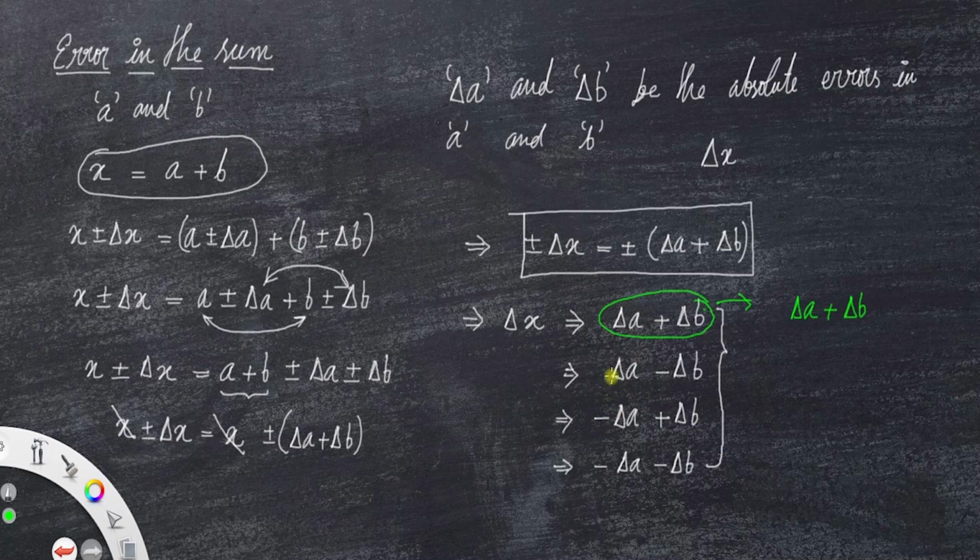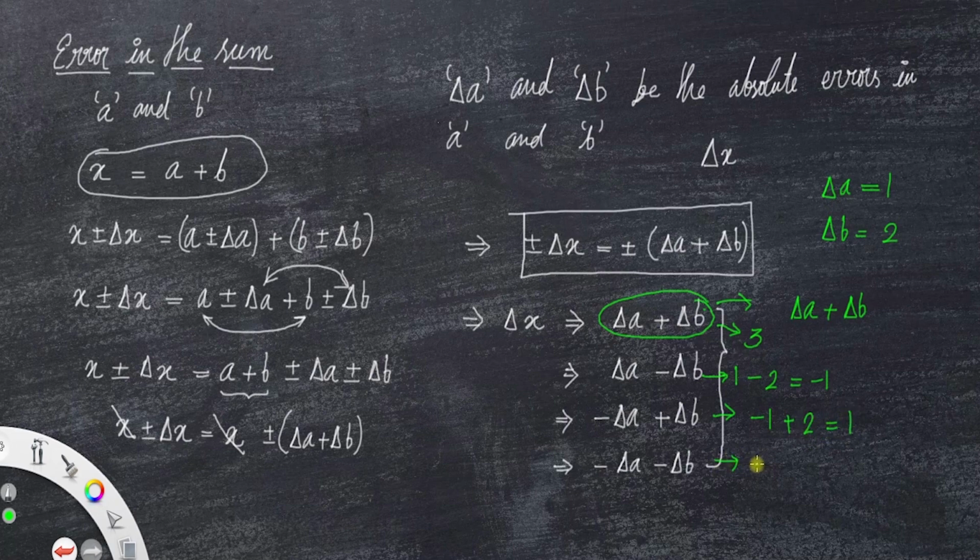Let's take delta a equal to 1 and delta b equal to, let's say, 2. Just take any numbers, and if you put all these values in here, you will get delta a plus delta b equal to 3 as the maximum possible value. For example, here it will be 1 plus 2, which is 3. Here it will be 1 minus 2, which is equal to minus 1. Here it will be minus 1 plus 2, which is equal to 1.